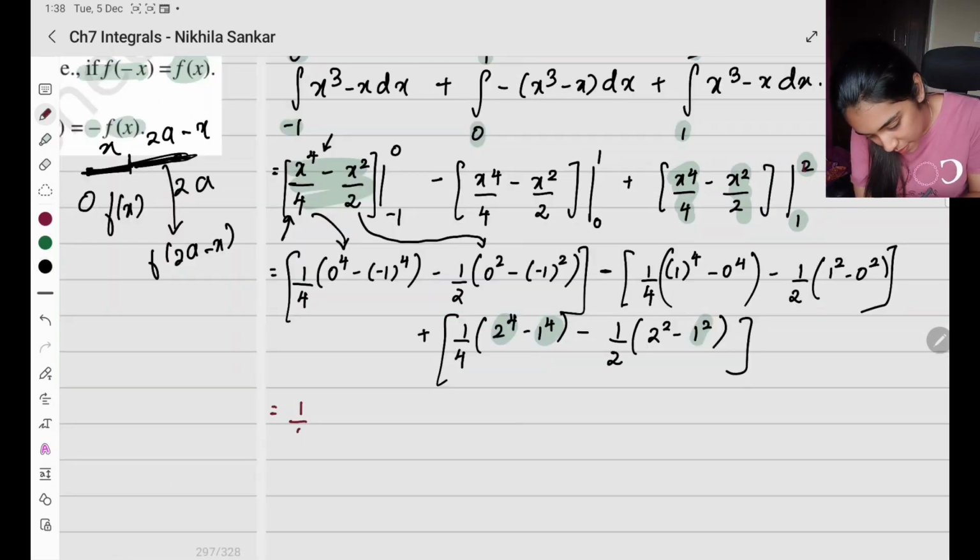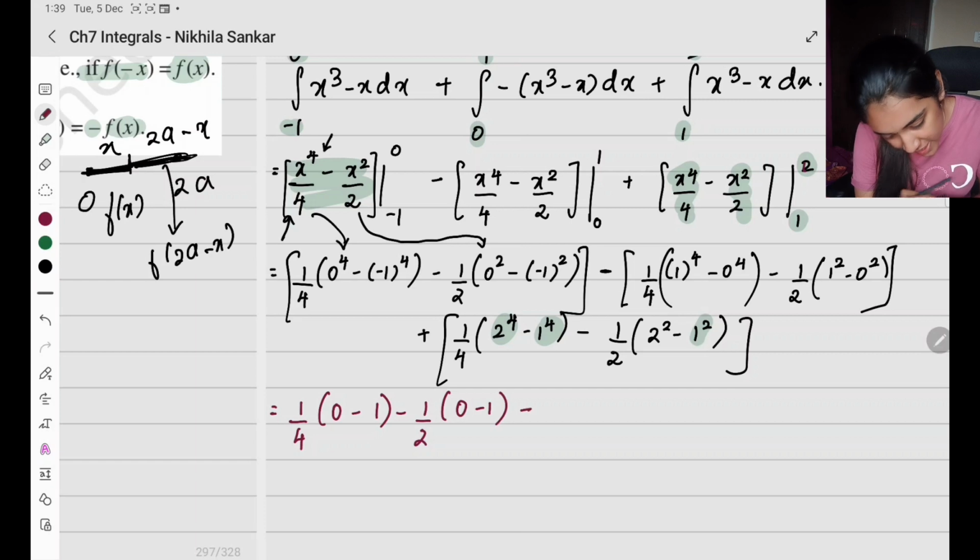So now this becomes 1 by 4 times 0 minus 1, minus half times 0 minus 1, minus, now I am opening the bracket, I have minus 1 by 4 times 1 plus 1 by 2 times 1. Here there is 1, here also 1.